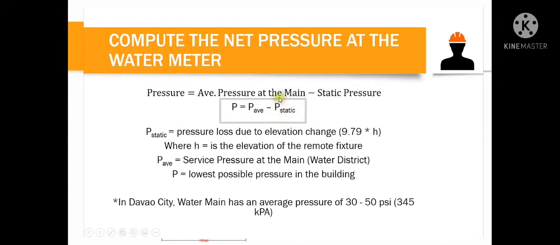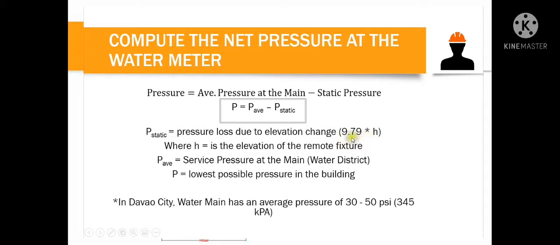Now, for static pressure, this is the pressure loss due to elevation change. So, 9.79 times H, or that is the height of the most remote fixture. If you have a fixture on the second floor, you measure the vertical height of the second floor from our ground floor. So, multiply it by the unit weight of water.